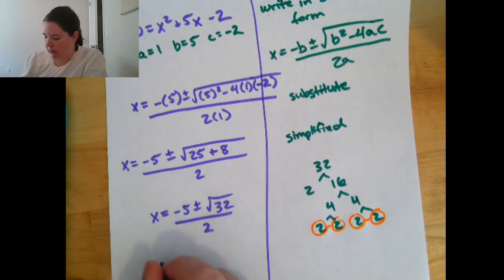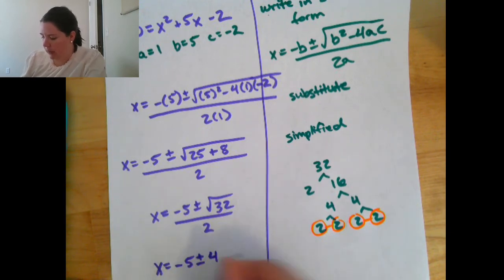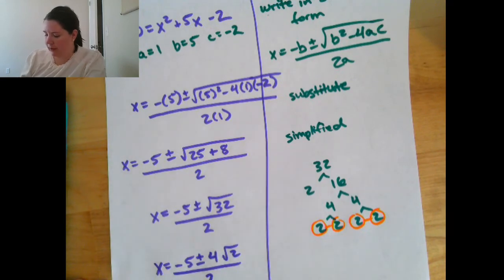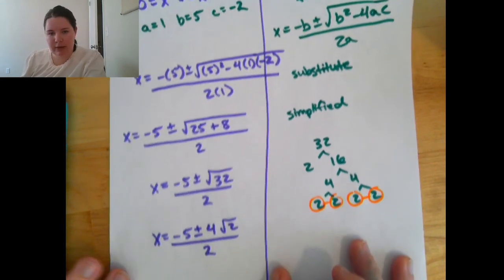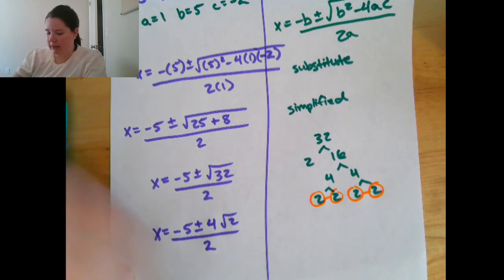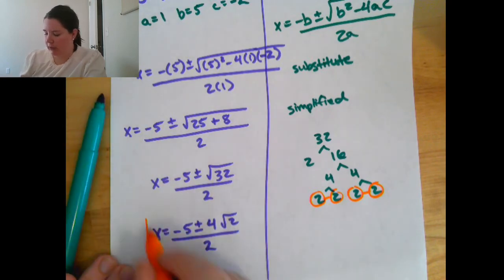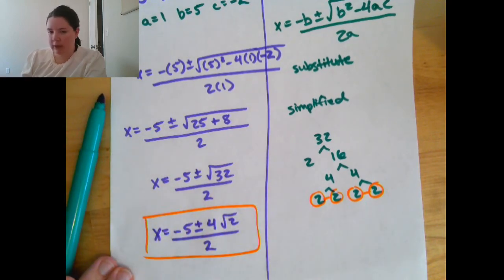So x equals negative 5 plus or minus 2 times 2, and my leftovers, I'm left with yet another 2, all divided by 2. There it is. This is the solution. X equals all of that.